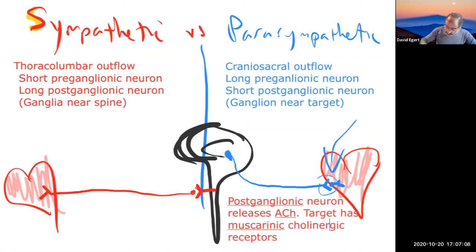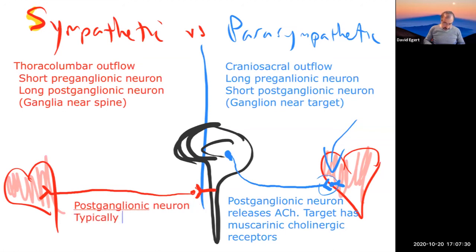Sympathetic, on the other hand, the post-ganglionic neuron typically, I'm going to say typically, we'll see there's some exceptions, releases either norepinephrine or epinephrine.